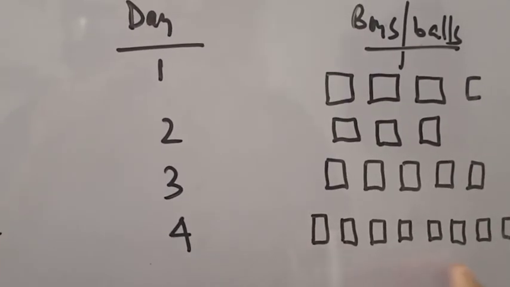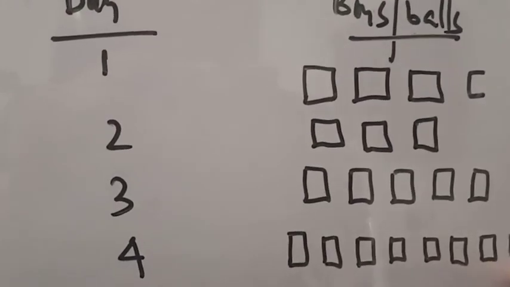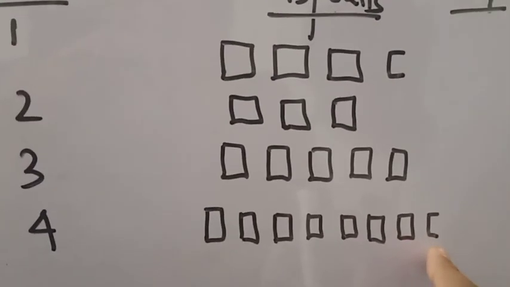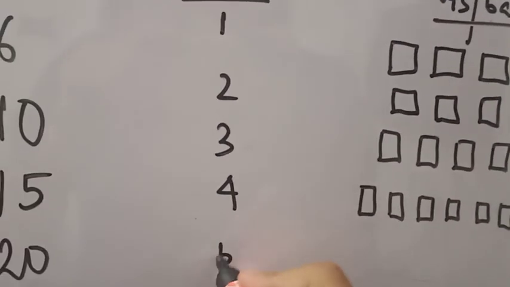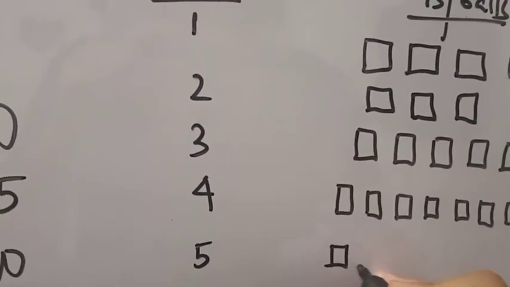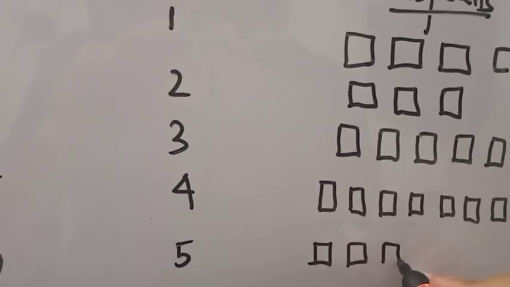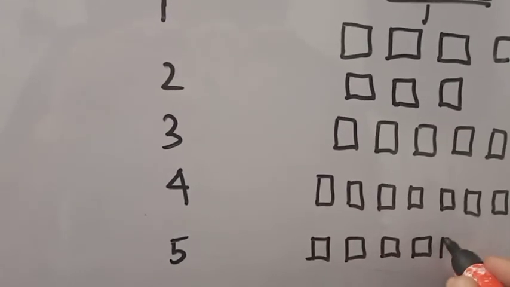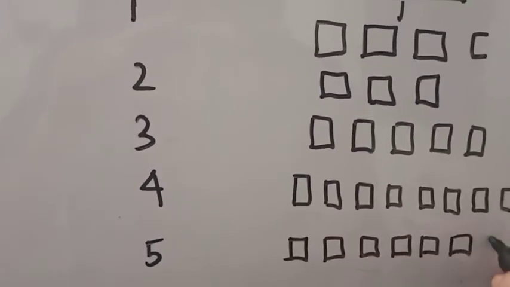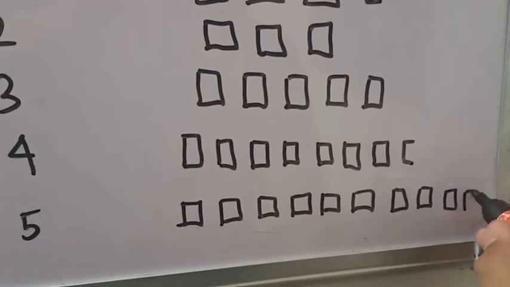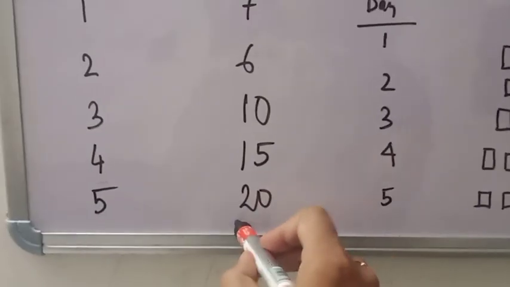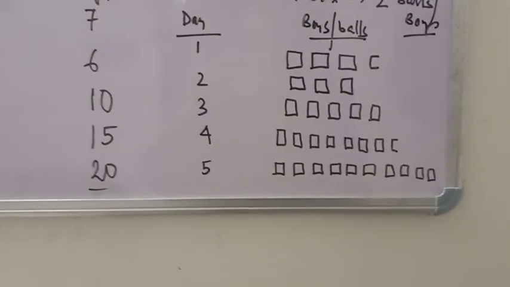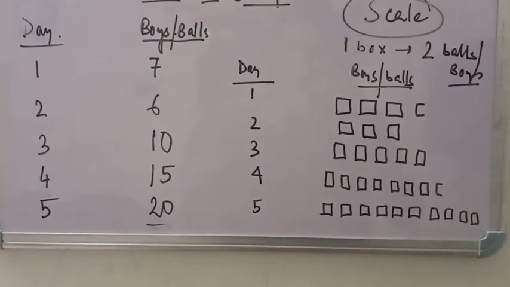Because 7 into 2 is 14, and half means 1, so this is 15. And number 5: 1, 2, 3, 4, 5, 6, 7, 8, 9, 10. So 10 boxes. 10 boxes means this is 20. 10 into 2, this is 20.